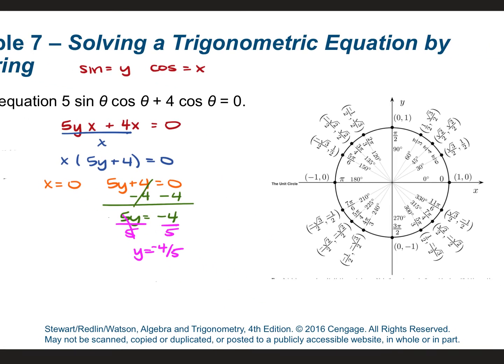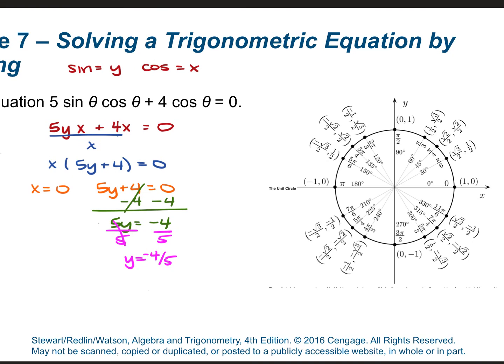If you look at your unit circle and check to see where your x is equal to 0 and your y is equal to negative 4/5, you'll realize that none of your y values are equal to that negative 4/5. However, you do have x values that are equal to 0 at pi over 2 and at 3 pi over 2. So pi over 2 and 3 pi over 2 are our two answers here.